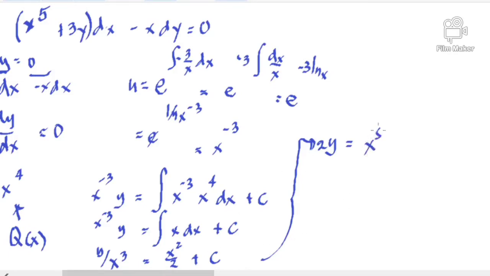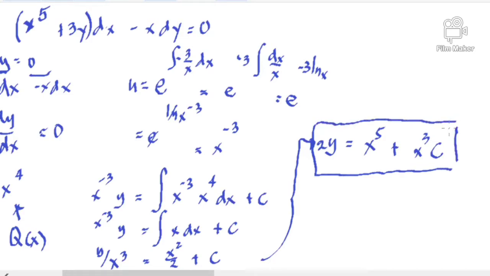So, x to the fifth plus, okay, plus x cubed c. Ayan. So this is actually our final answer. Okay? So that is how we solve problem number 1. Sample problem number 1 rather.